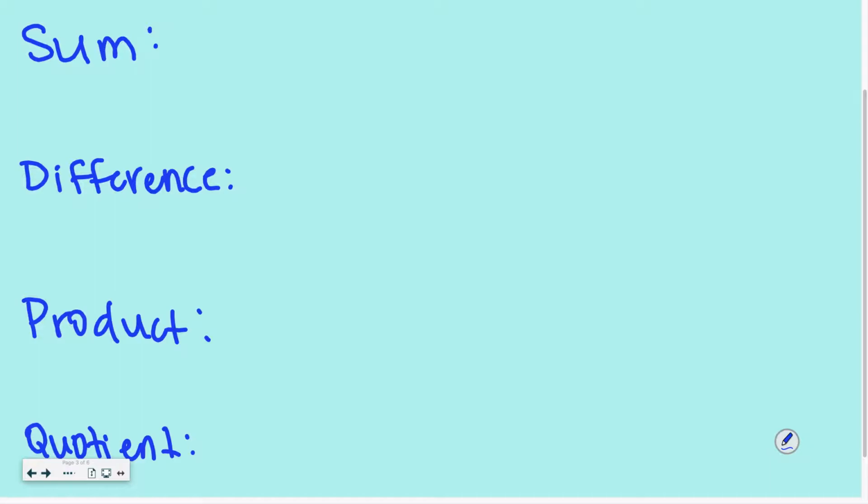For product, so 2x times negative x would be negative 2x.